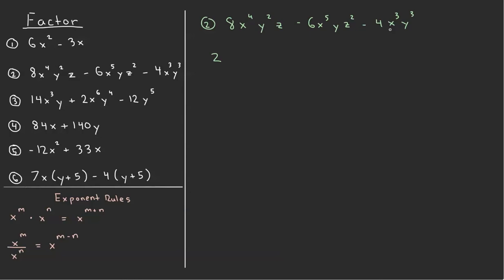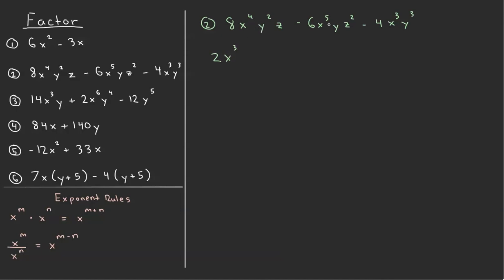They share at least 3, because this one has 3, this one has 5, and this one has 4. So they all at least have 3 x's. So that means we could take out x cubed. Okay, so again, you could think about it like that, or it's always going to be the least powered variable that you have. Okay, and once we get to z, I'm going to show you something about z here. But for the x's, we could take out an x cubed.